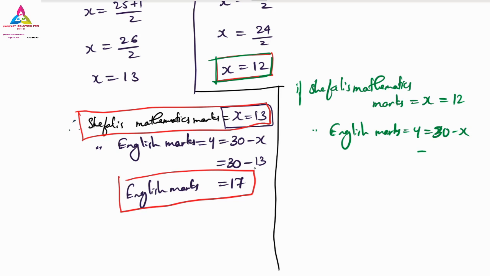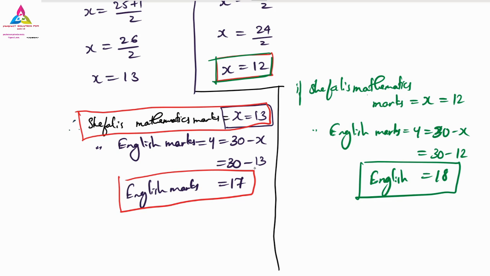So 30 minus 12 is equal to 18. So if her marks for mathematics is 12, she will score 18 for English.